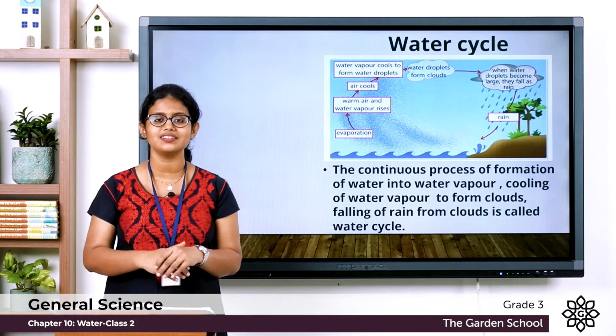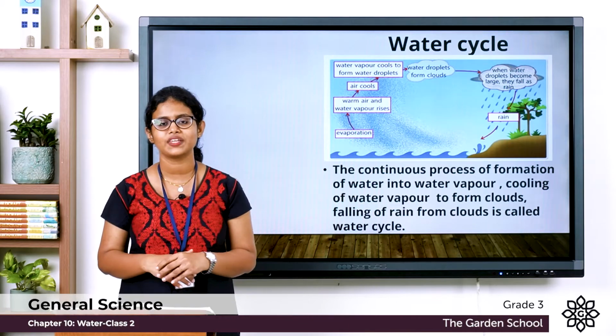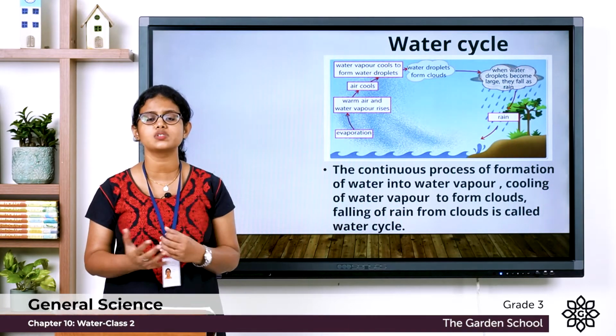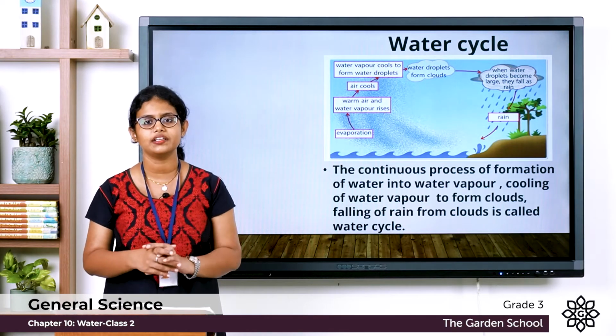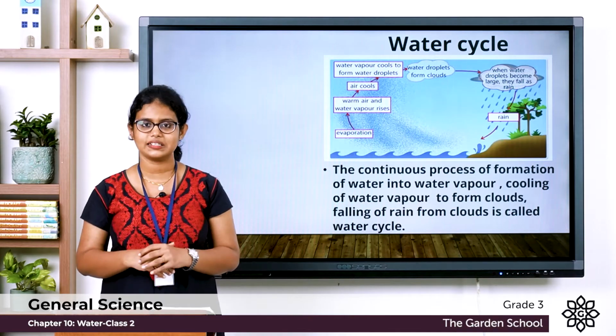This rainwater flows into rivers, oceans, lakes, and this process again continues. So this is a continuous process that happens in nature, and that is called the water cycle.